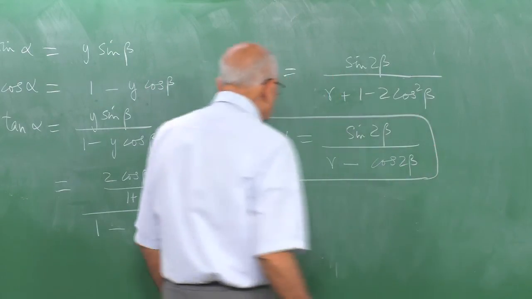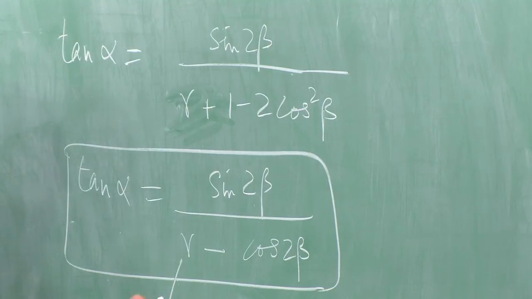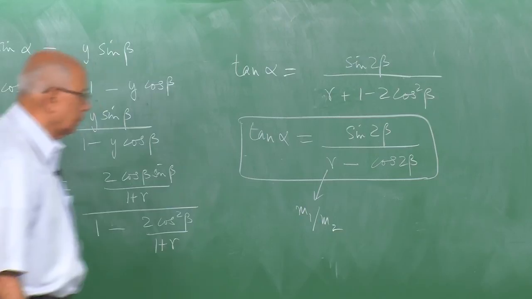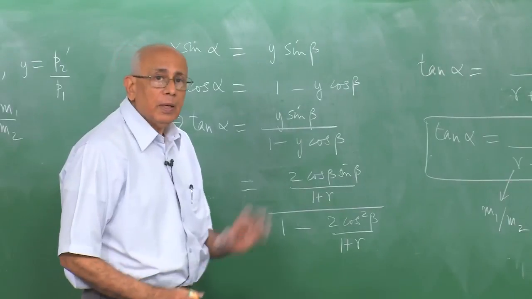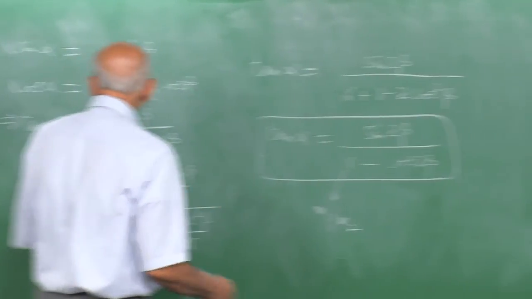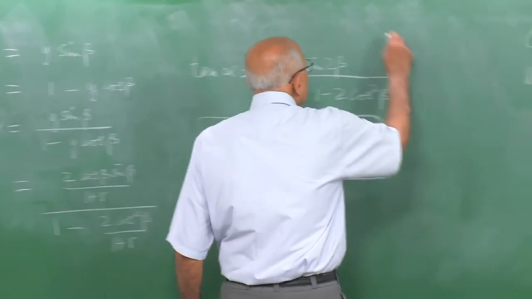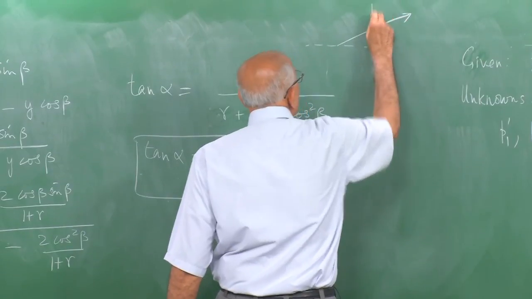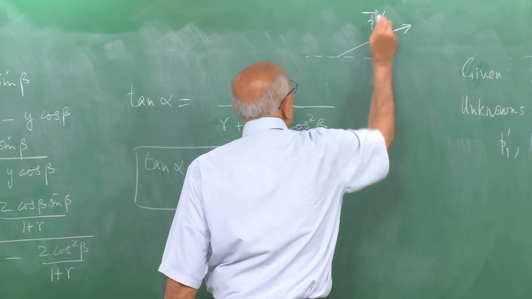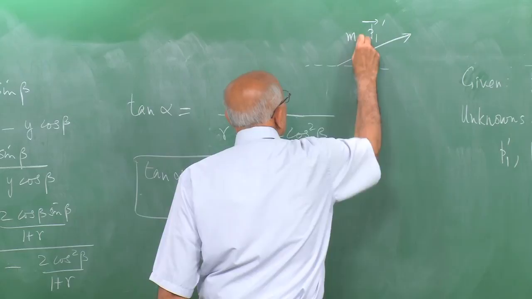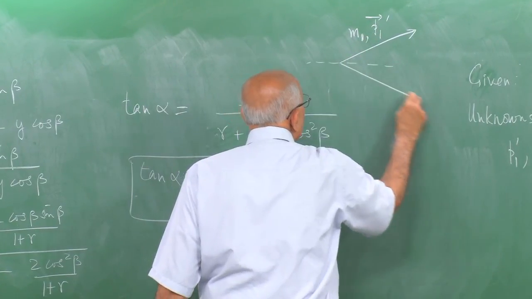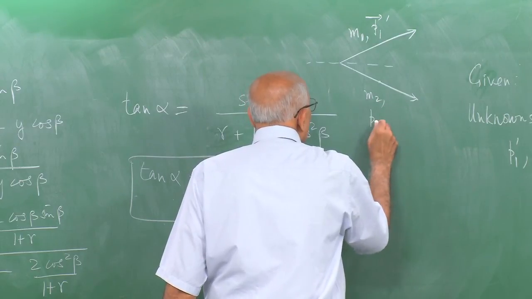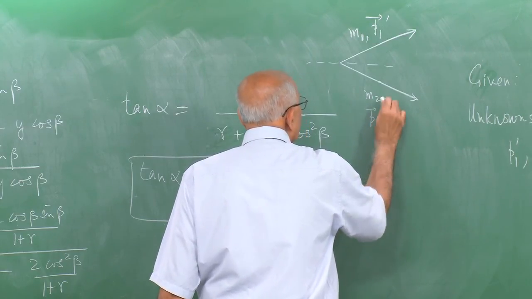Okay. And this r, remember, is m1 divided by m2. So there's a simple relation which connects the scattering. Again, to draw the geometry, this was the incident direction. That's the direction of the mass m1, the projectile, and that's the direction of the mass m2, the original target.